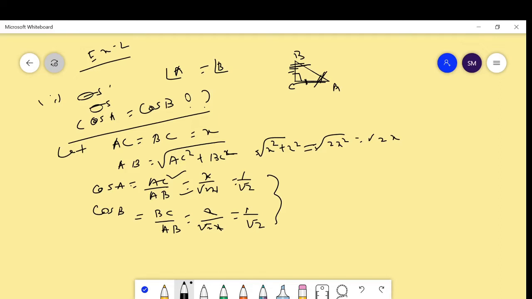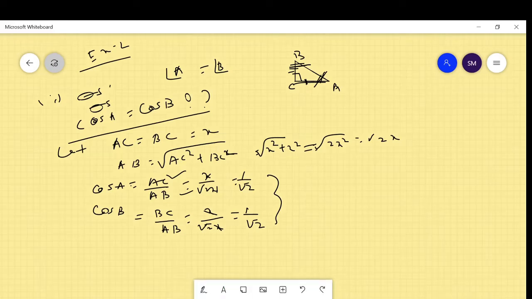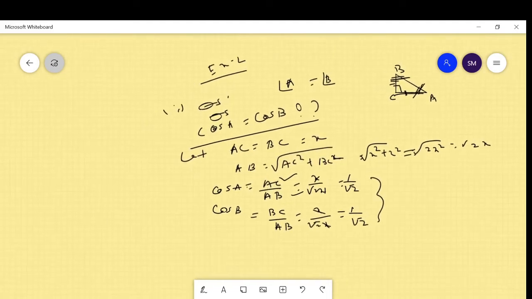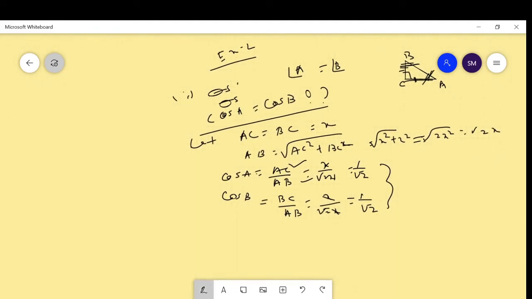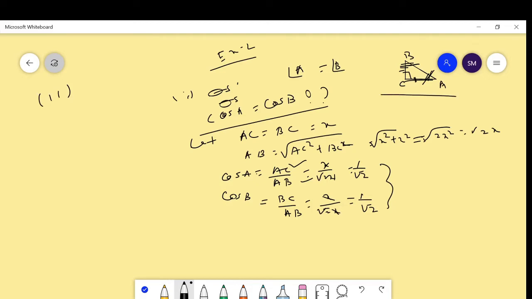Okay. Then next question. The next question, this is part of example 2, says, is tan A equal to tan B?